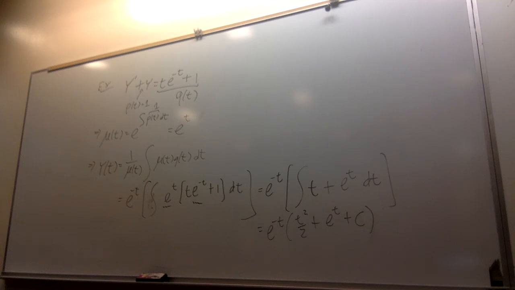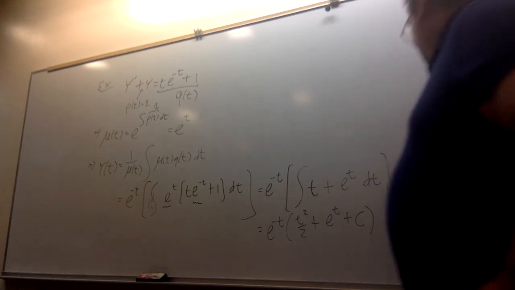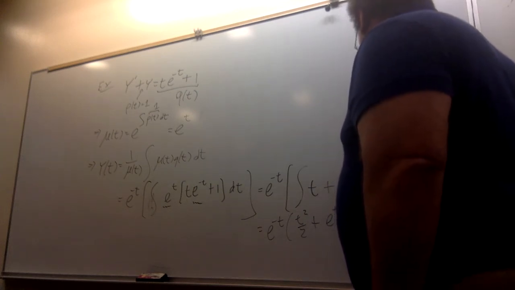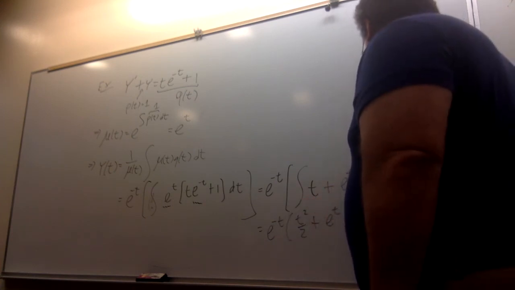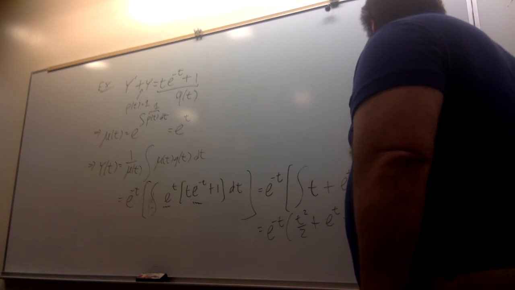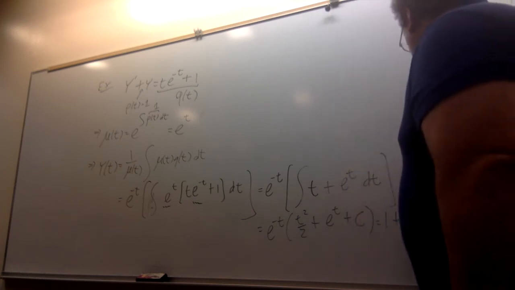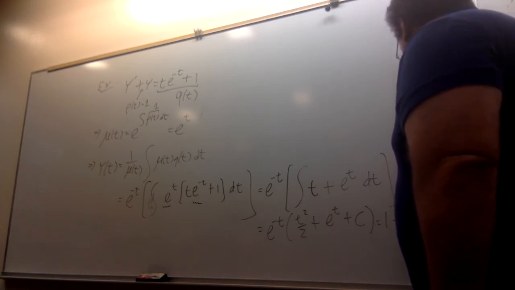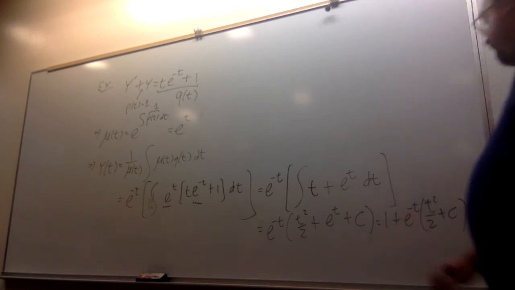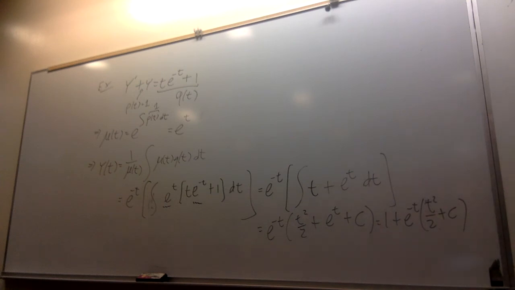Actually, I'm going to go ahead and distribute, so here e to the minus t times e to the t gives us a 1. And then there's e to the minus t times t squared over 2, plus a constant. Because in this form, it's easier to see how the solution behaves as t goes to infinity.